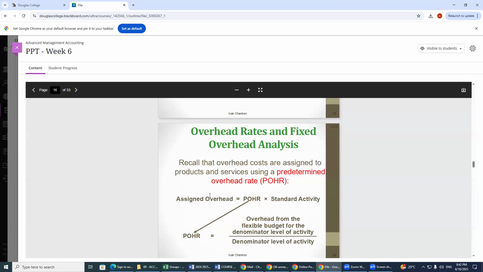Now, the denominator, the level of activity, usually is going to be for budget purposes. Now, it will be our choice which one we're going to use.